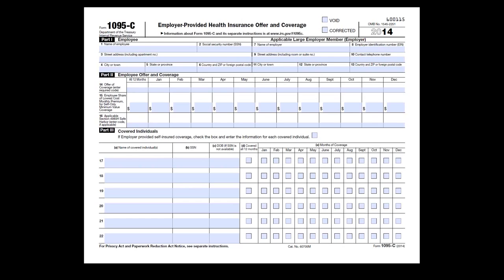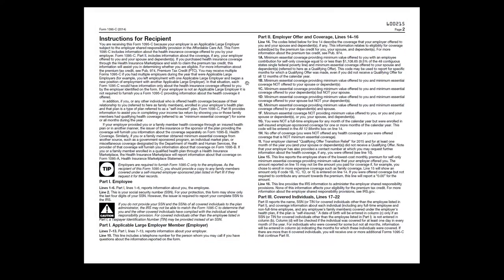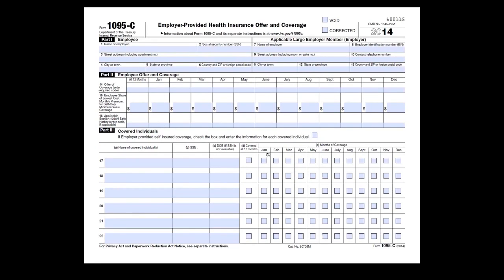And it's just their name, social, date of birth, and then what months they were covered. Only one page for this. The second page would print on the back, theoretically. It's just the instructions for the employee, so that they can understand what they're looking at when they get this form.